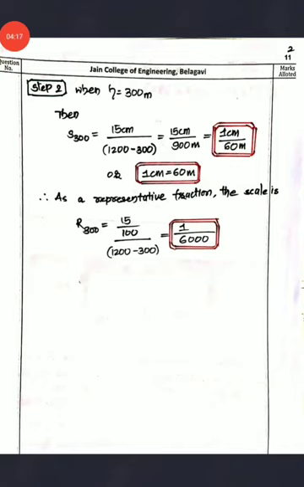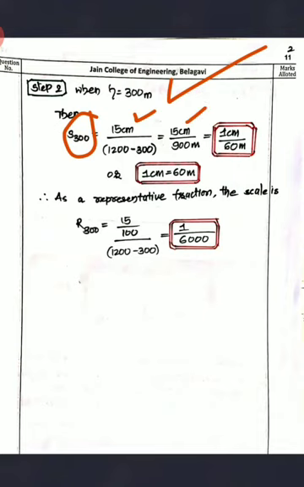Now coming to step 2, where you have a height of 300 meter. S300 is equal to the focal length, 15 centimeter, divided by capital H minus small h, that is 1200 minus 300. So it is going to be 15 centimeter divided by 900 meters.